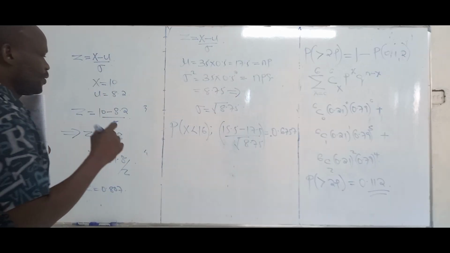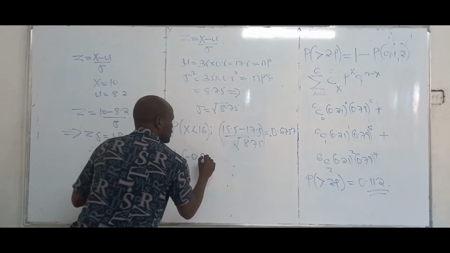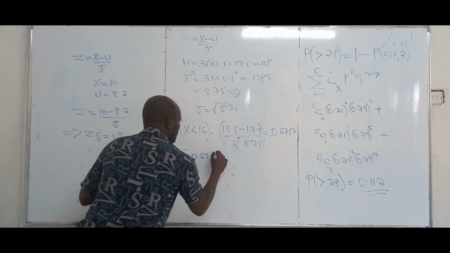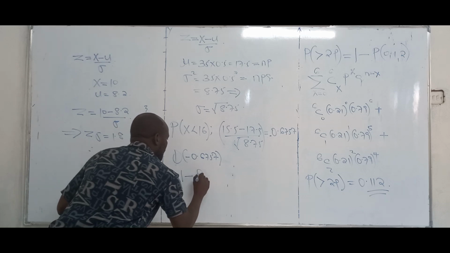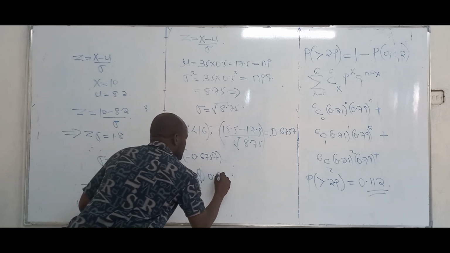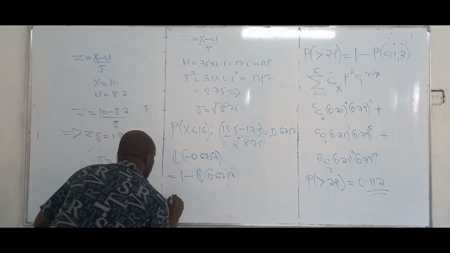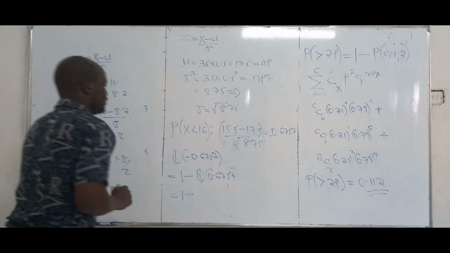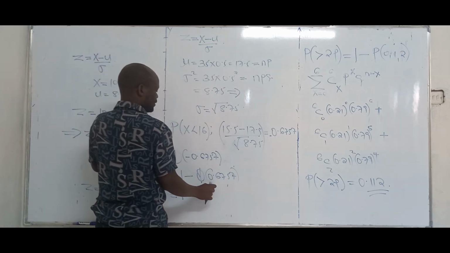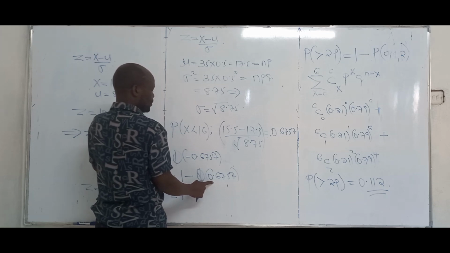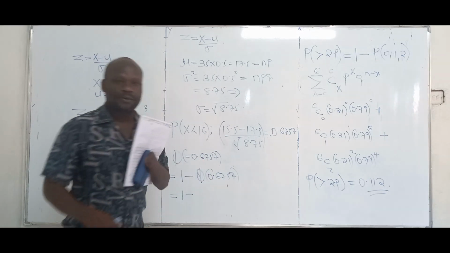When you have phi of negative 0.6757, that should mean that we are dealing with 1 minus phi of 0.6757. So we look up the probability that corresponds to this z value from our table as follows.